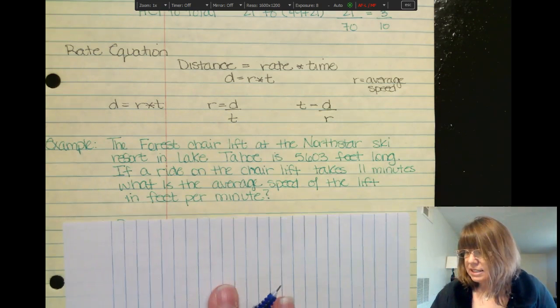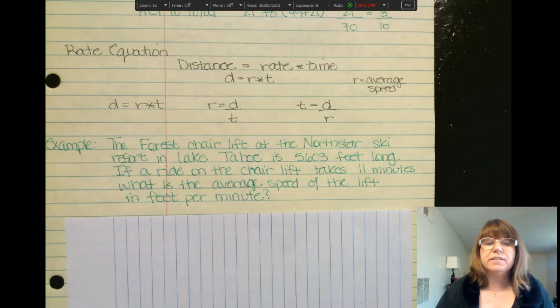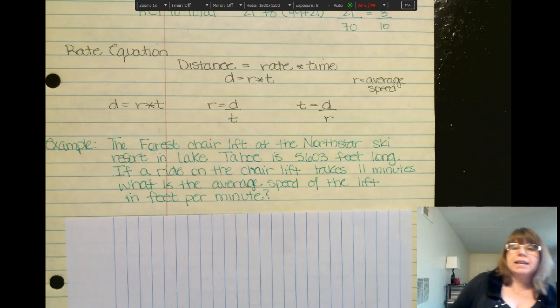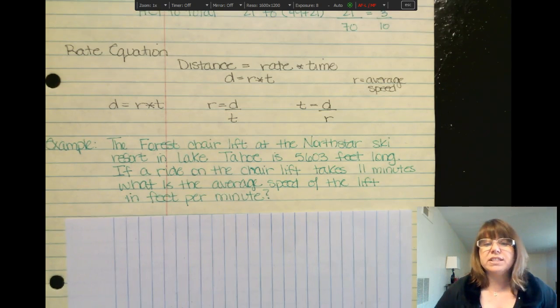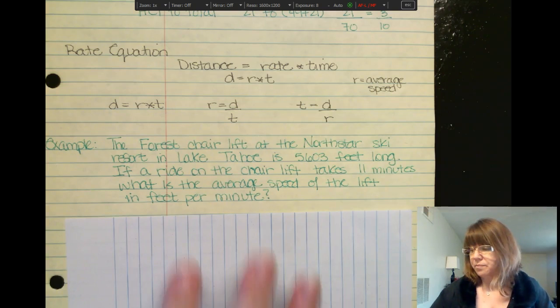So let's take into consideration this problem. The forest chairlift at the North Star Ski Resort in Lake Tahoe is 5,603 feet long. If a ride in the chairlift takes 11 minutes, what is the average speed for the lift in feet per minute?